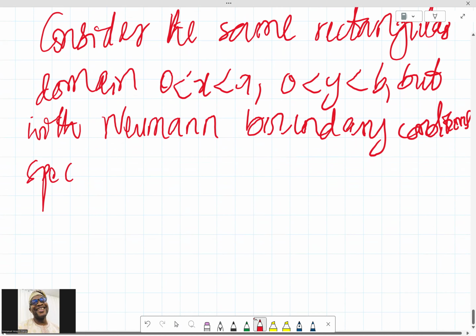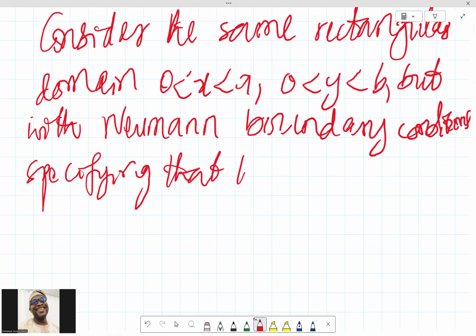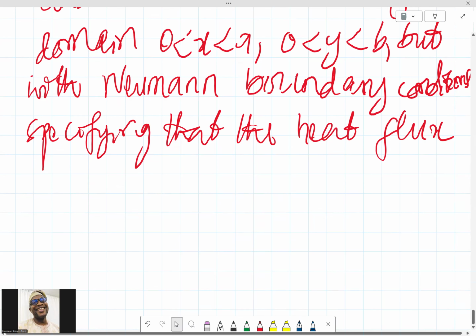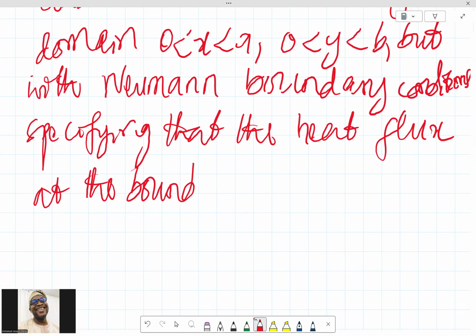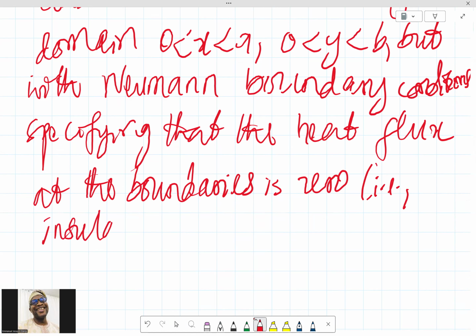specifying that the heat flux, which is more suitable for gradient as it is here, that the heat flux at the boundaries is 0, that is insulated boundaries.